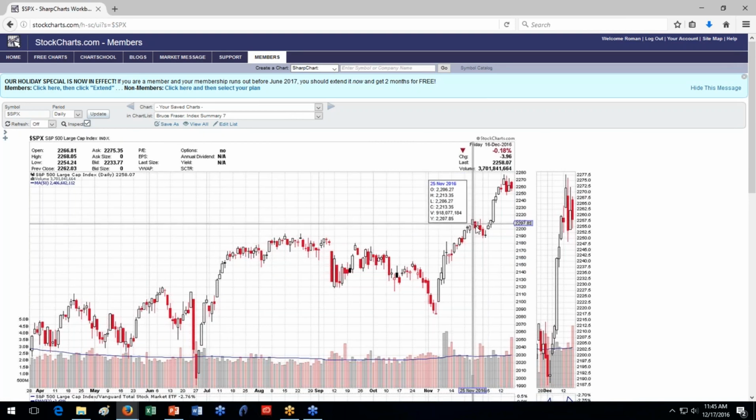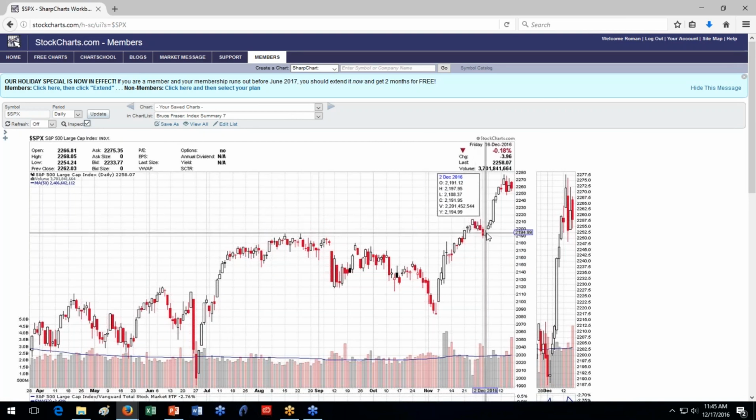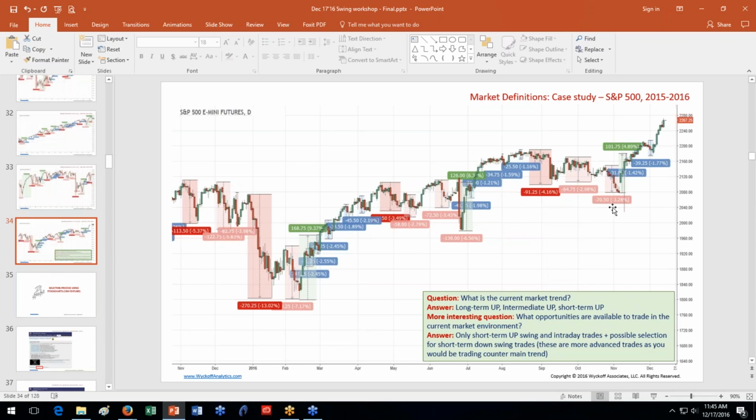And what we basically want to do is, during this reaction, which to us is a very healthy reaction, it's only 1.7%, 1.8% right here, which is in line with the previous reaction, which is less than the reactions that we've had in the trading range. So that suggests a continuation.